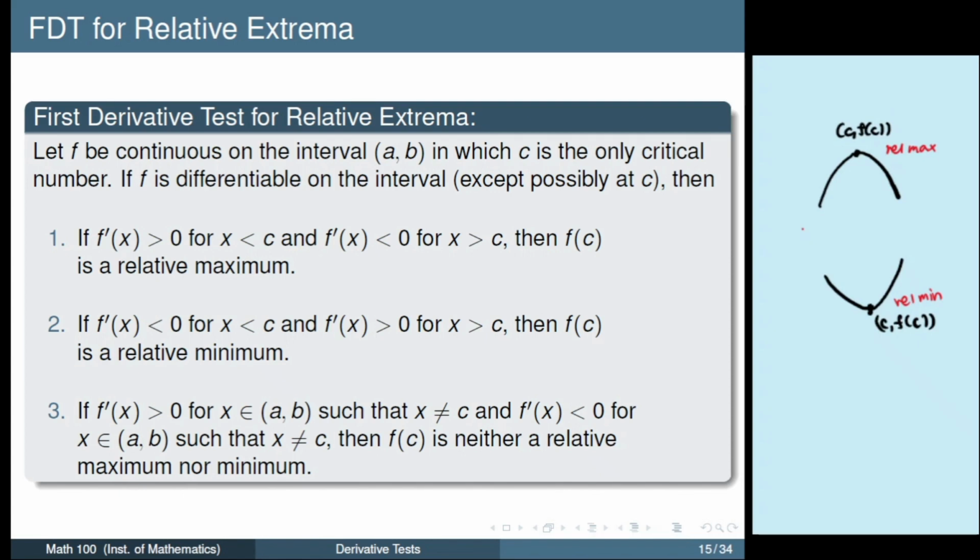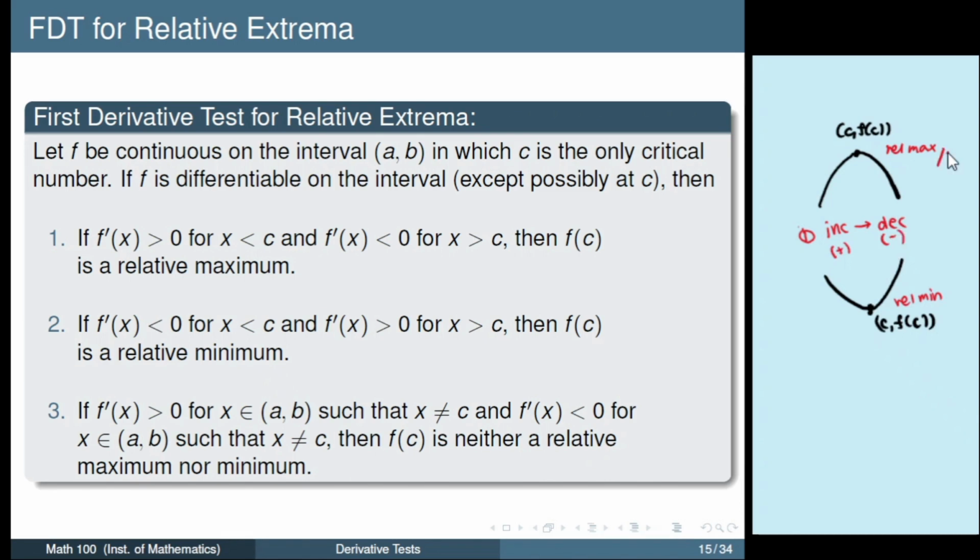And also, ulitin lang natin from 1 and 2 na kapag nag-change ang sign natin, then we have a relative extrema. In particular, sa first case natin, if the graph of f changed from increasing to decreasing, that means ang sign ng f prime natin changed from positive to negative, then we have a relative max.